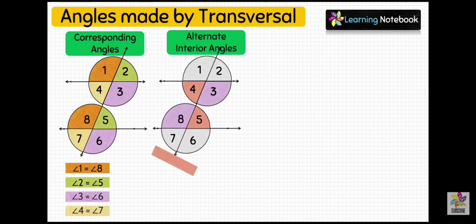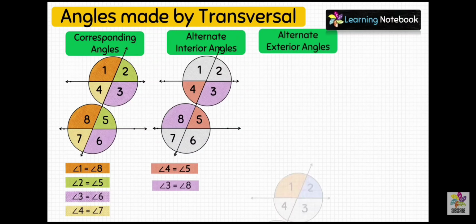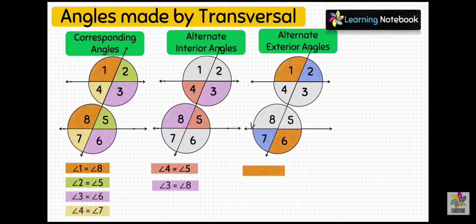Next, we proved that the pair of alternate interior angles made by transversal are equal. In this, we proved angle 4 equals angle 5 and angle 3 equals angle 8. Next, we proved that the pair of alternate exterior angles made by transversal are equal.